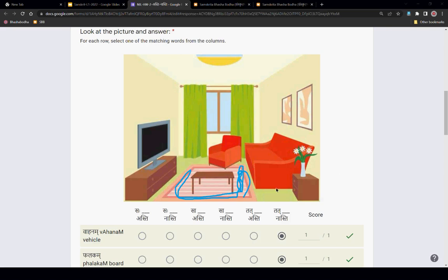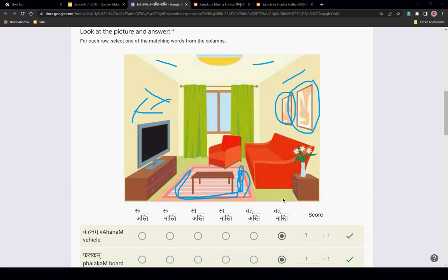And what else? So we have a picture, Chitram. Okay. And walls. Bitti. Bitti means Trilingam.